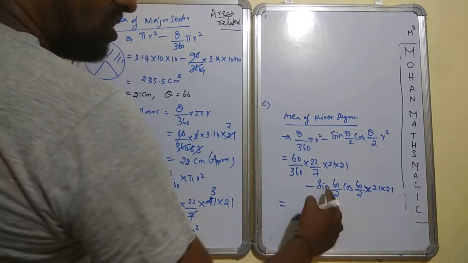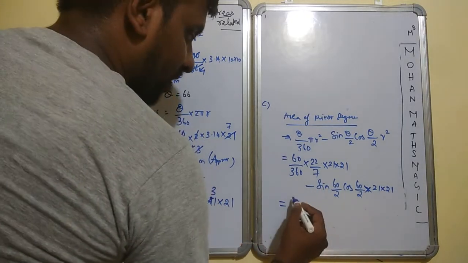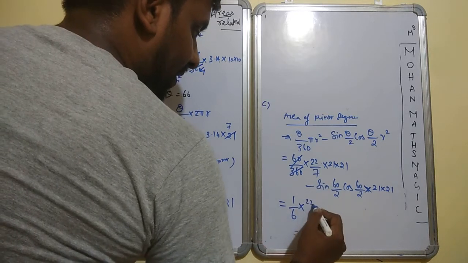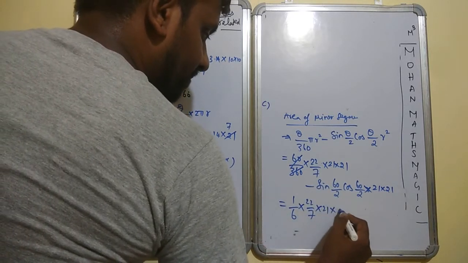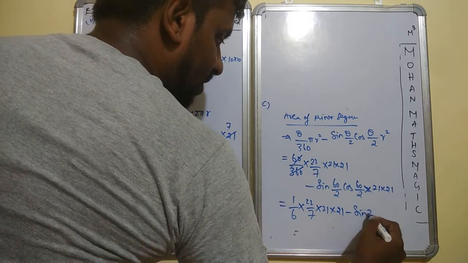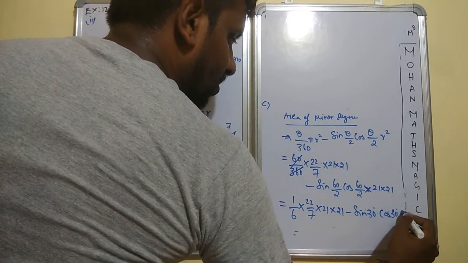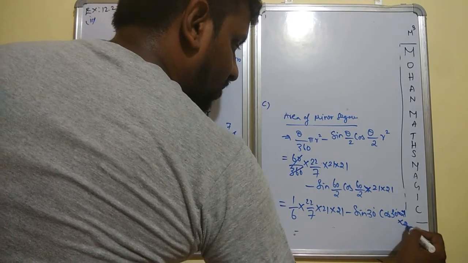Finally I got the calculation. This is sine 30, cos 30, that also I will write. So if I cancel, 1 upon 6 times 22 upon 7 times 21 times 21 minus 60 by 2, sine 30 is 1 by 2, cos 30 is root 3 by 2, now into 21 times 21.